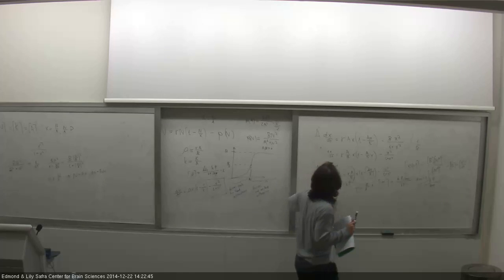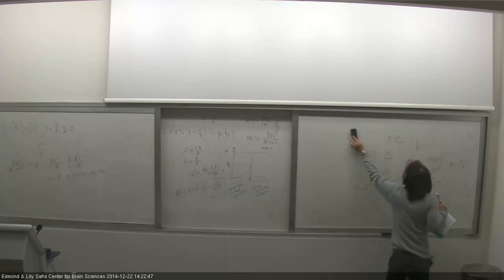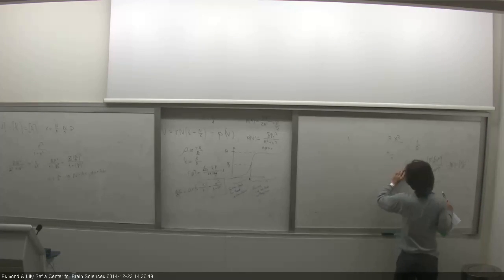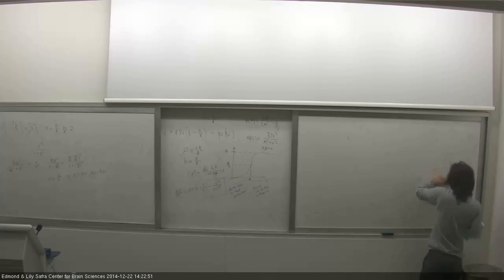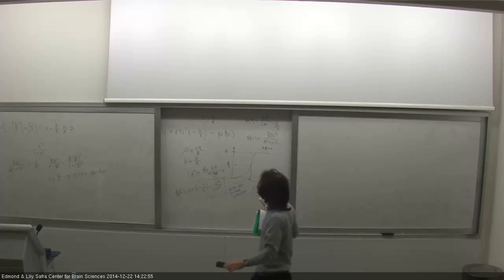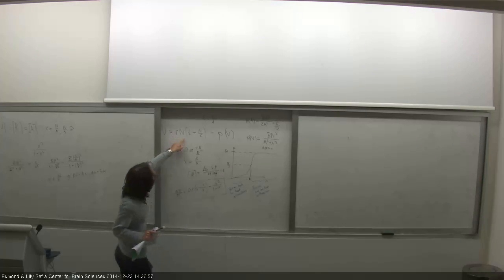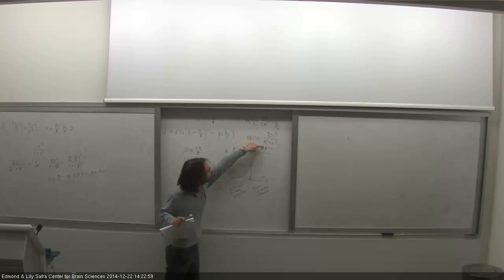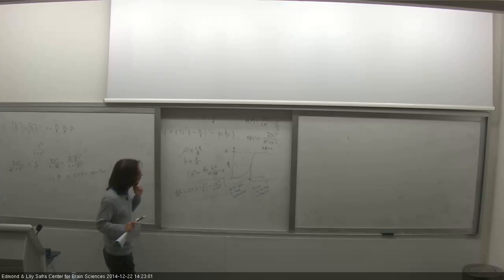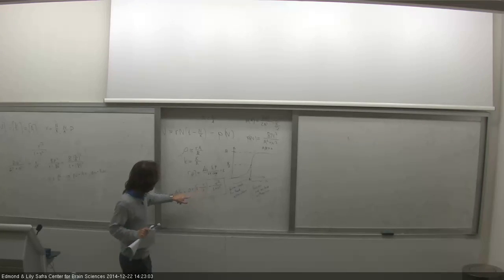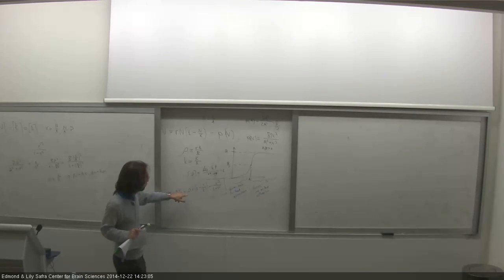Okay. I'll erase this. Now I can analyze the system, and it'll be more simple. So you have here the original system where P is given, and you can see here there are fewer parameters. We have only 2 parameters.